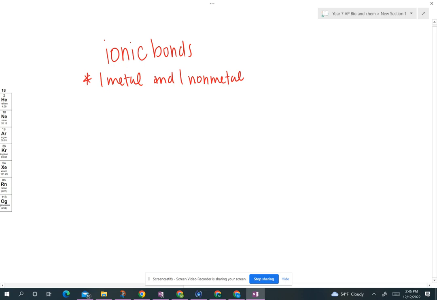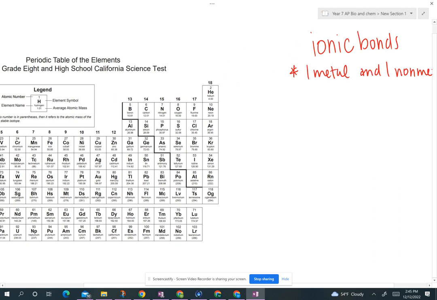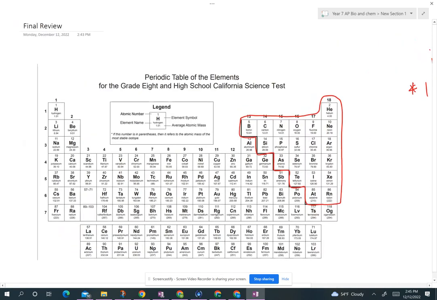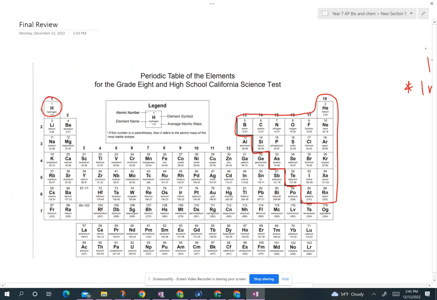First of all, you have to be able to distinguish your metals and your non-metals on the periodic table, right? This zigzag line is where we distinguish our metals from our non-metals. So anything that is in here, plus hydrogen, those are all non-metals.